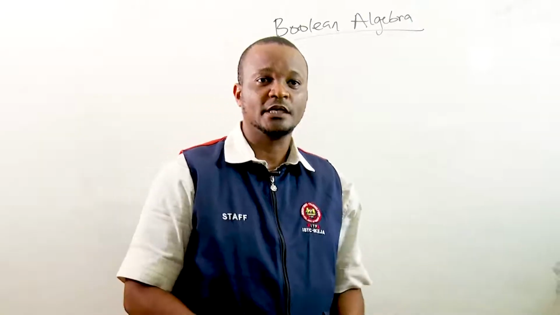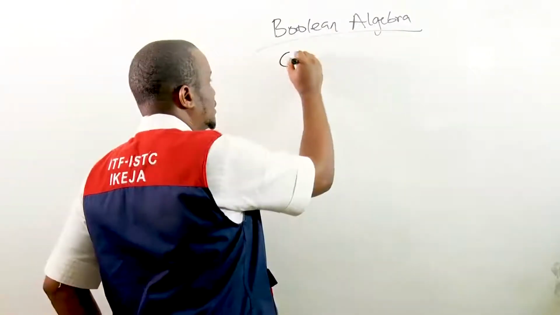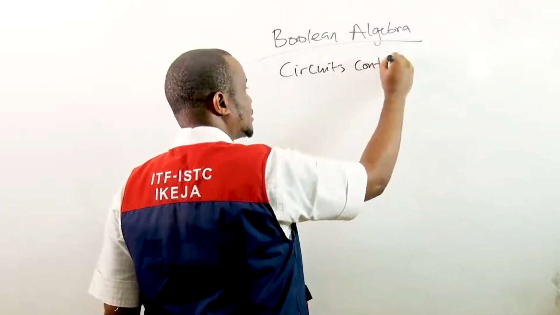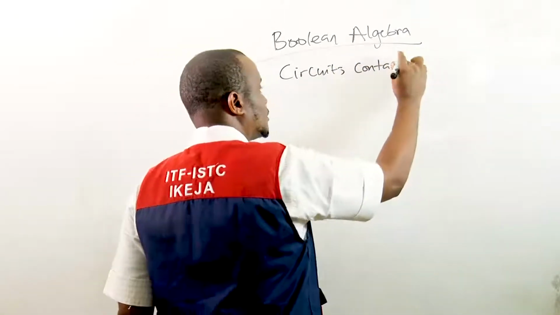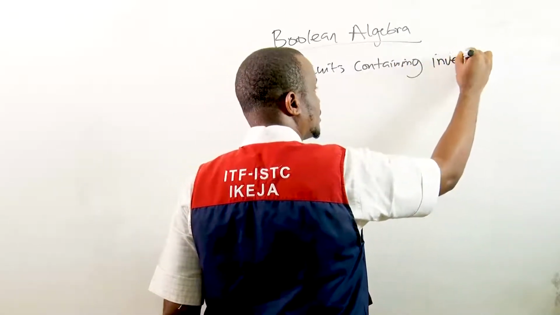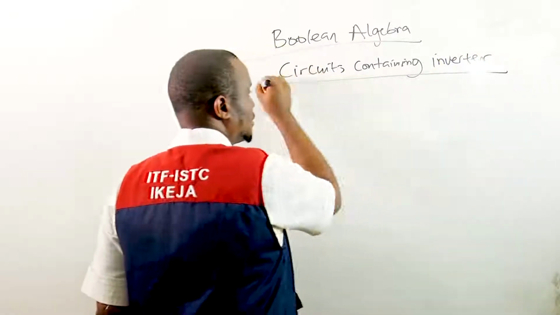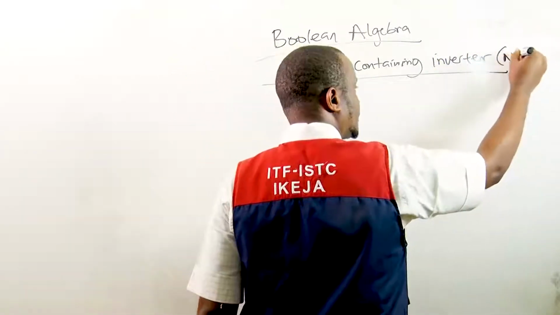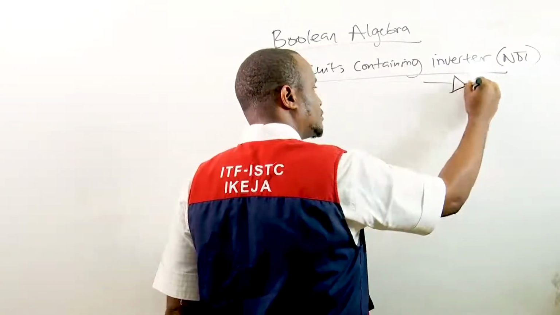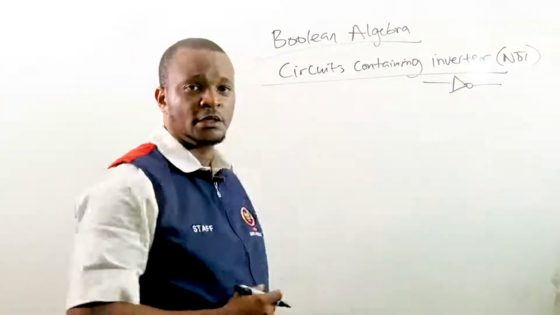We want to look at circuits containing inverters. I hope you remember what an inverter is. That is the NOT gate. Remember the symbol? Inversion. So circuits containing what? Inverters.